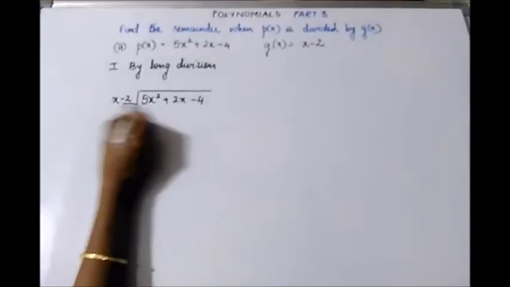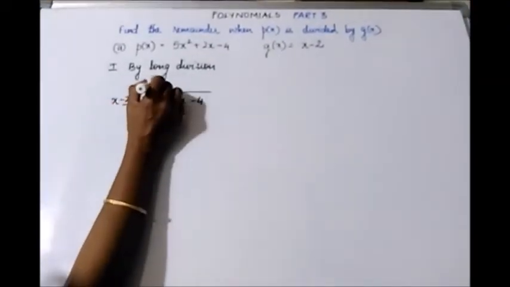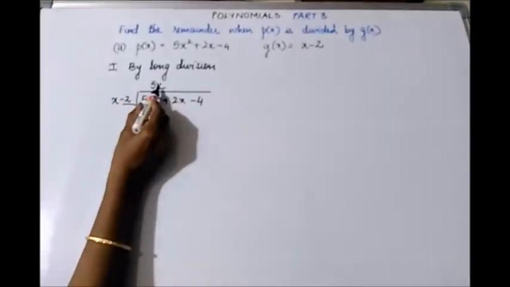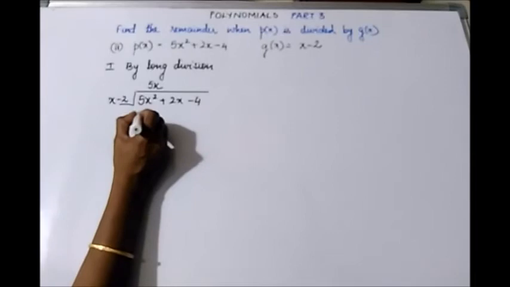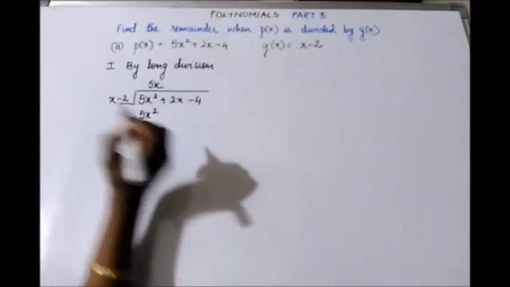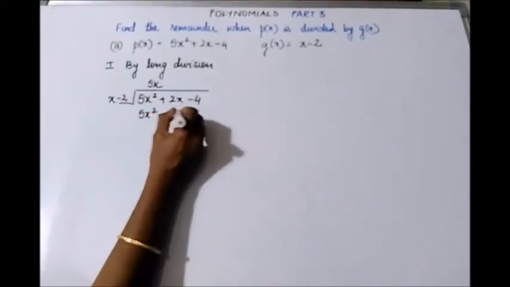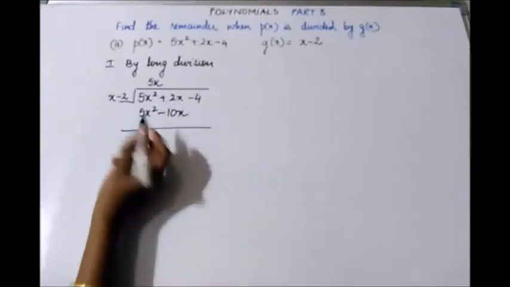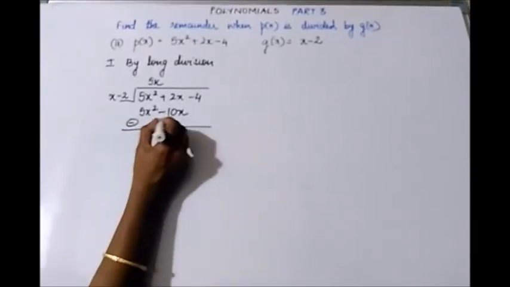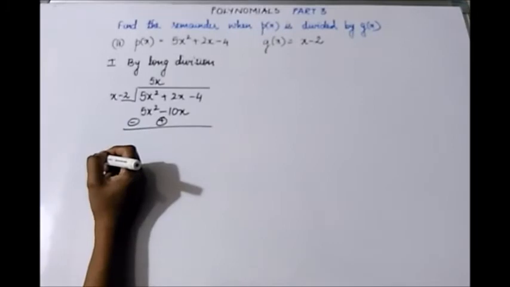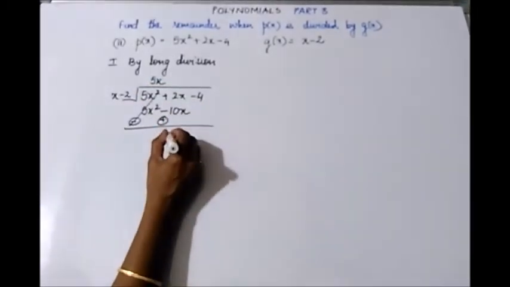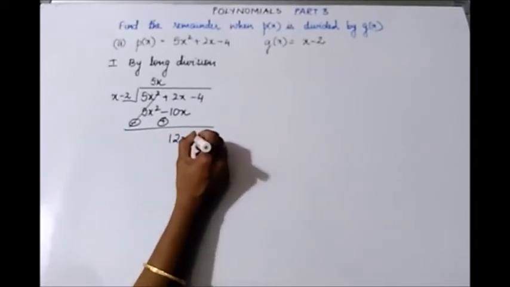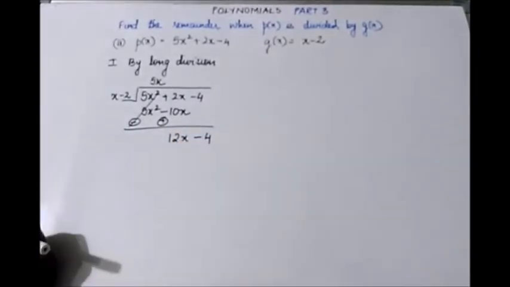First what we do, 5x square divided by x, that will give us 5x. Then multiply 5x to the divisor, that is 5x into x is 5x square. 5x into minus 2 is minus 10x. Subtract. Here it will become minus and here it will become plus. 5x square minus 5x square will get cancelled. 2x plus 10x will give us 12x and the remaining term minus 4.